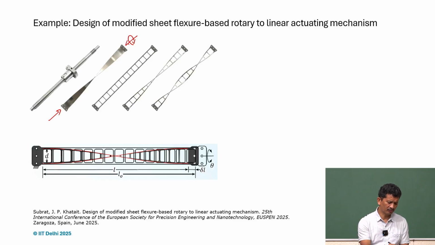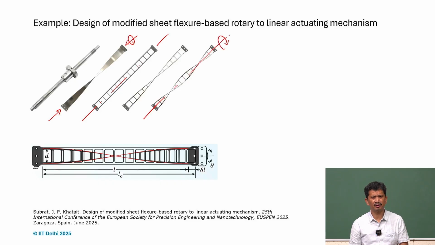Suppose we created this part and we created a hole, and if we use this member, we realize that we can twist it more. We can twist to a very large extent, and the stiffness also gets lowered.